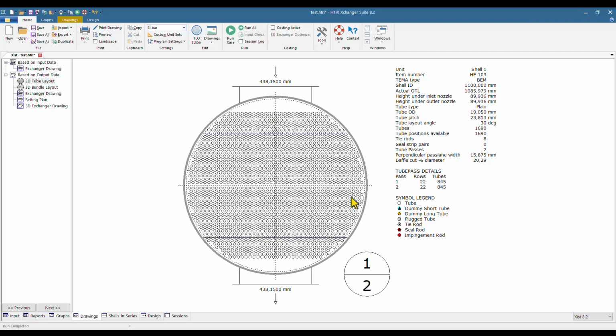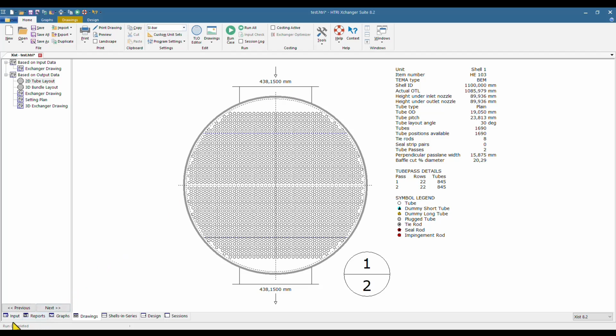This is the tube sheet layout, which seems reasonable. Of course, there is a lot of space below the inlet nozzle and before the outlet nozzles, because this is reasonable because of their diameter. The diameter is rather high. So the rho V square of the inlet nozzle is probably low.